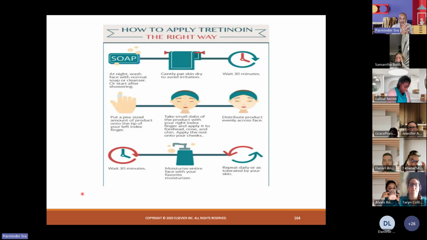But before that, washing with gentle soap, because these products could be really tough on their skin. And then pat dry, apply it and let it dry, and then they might want to apply a moisturizing cream or something, and then wash it in the morning. Okay.